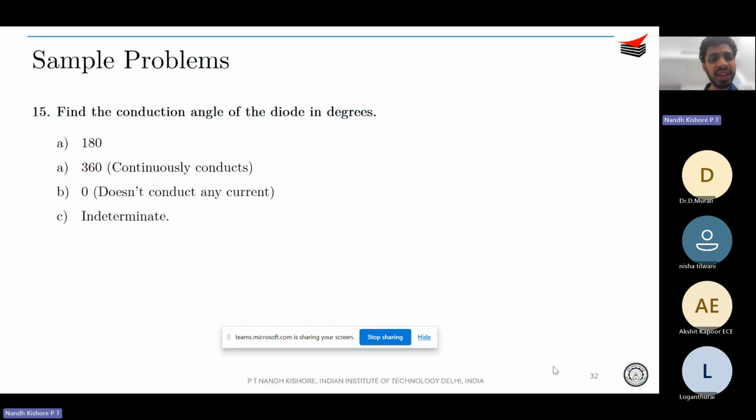So look at this question. Find the conduction angle of the diode in degrees, and the circuit is something like this.